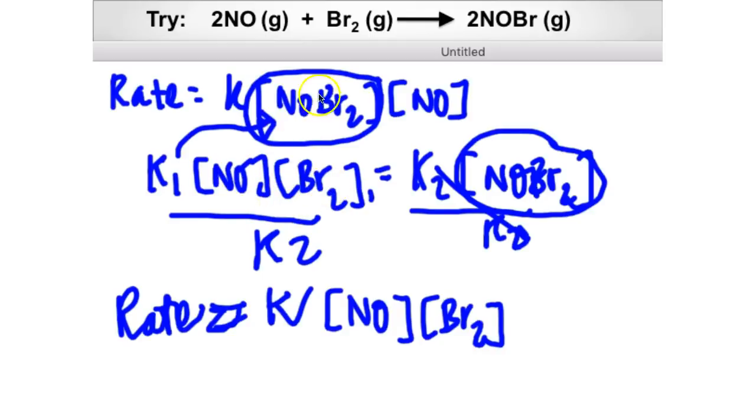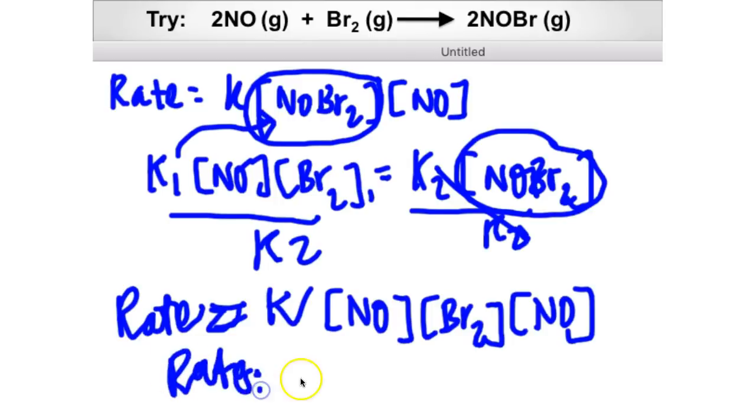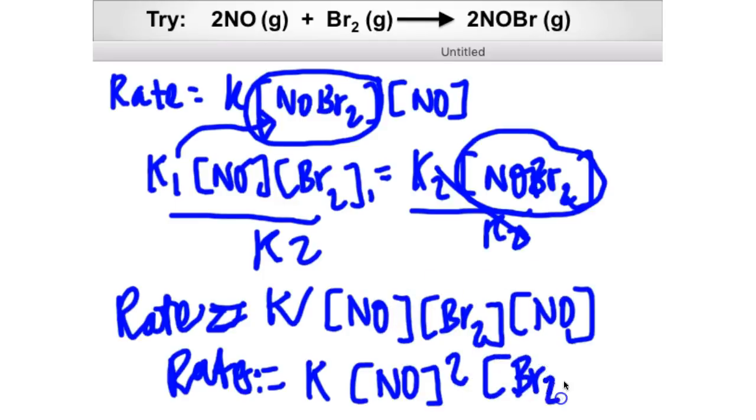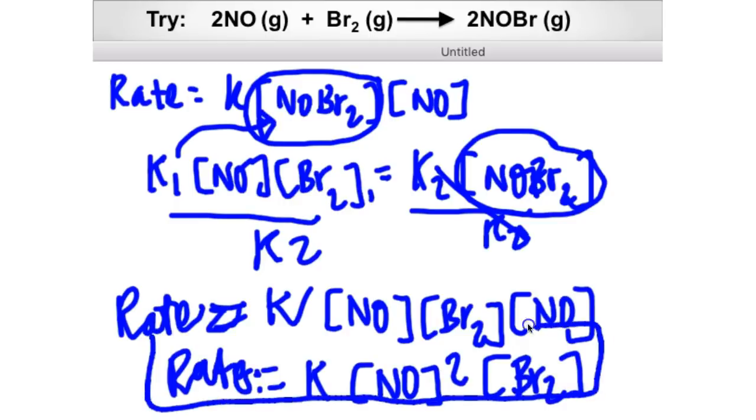So NO, Br2 is being substituted in there. And we also have this NO on the side here. So, in other words, the rate is going to equal K times NO squared, because there's 2 of them, Br2, and that's going to be our rate law.